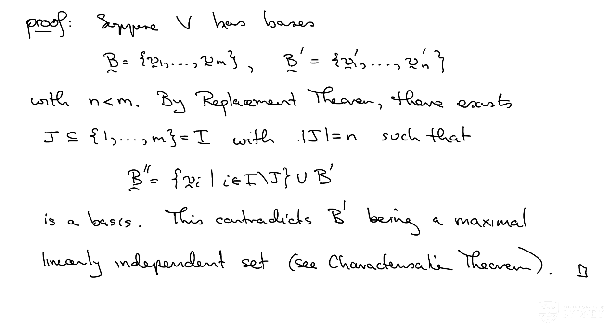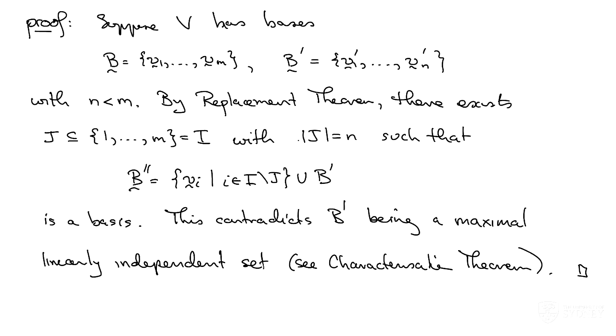Yeah, good. So, just trying to make sure I get the picture for replacement here. If you have 2 bases and there's some set of vectors from one of the bases where you can use those to replace vectors in the other one, and it'll still work out. Mm-hmm. Yep, that's what the replacement theorem is saying.